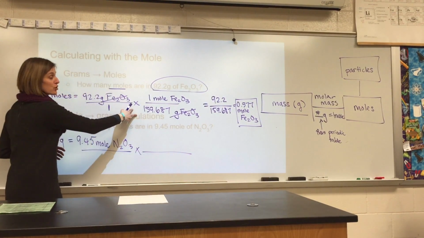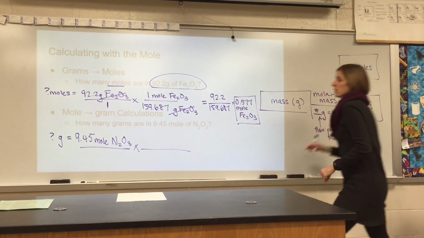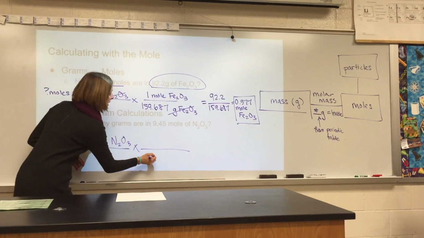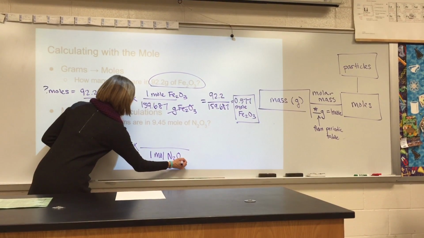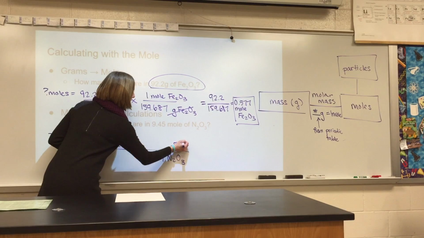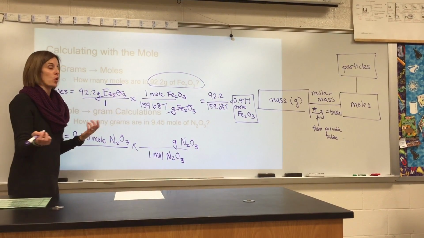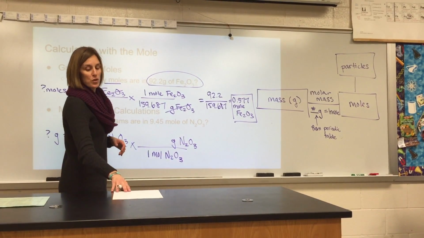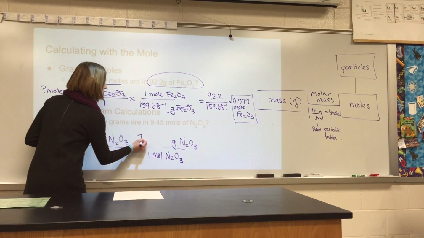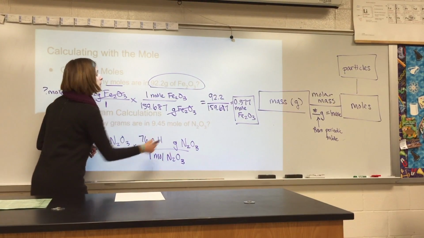So if I track my units just like I did above, I'm still using my grams to mole conversion. I'll have my 1 mole of N2O3 on the bottom, and I'll put my grams of N2O3 on top. And again, I'll use my molar mass, so the mass of 2 N's and the mass of 3 O's, which if you do in your calculator correctly should get you 76.011 grams of N2O3.